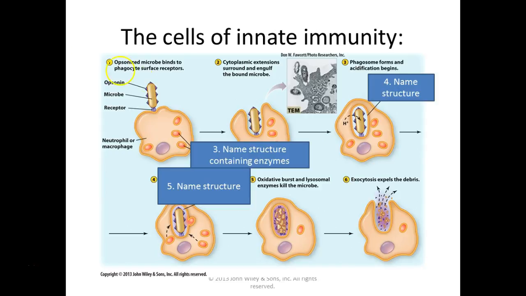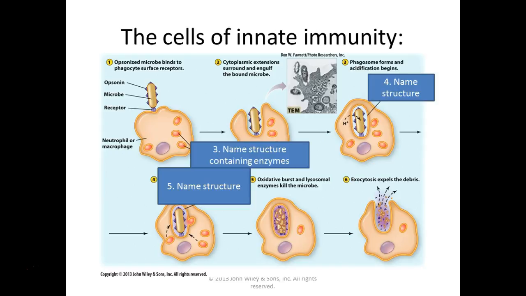The next thing is, inside these cells, they have structures that contain enzymes, specifically the enzyme lysozyme. What do we call those structures? They're important for phagocytosis. In addition to lysozyme, they contain defensins and other digestive proteins.